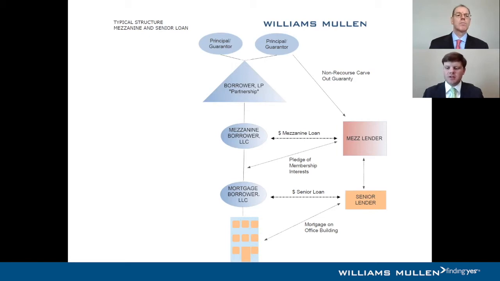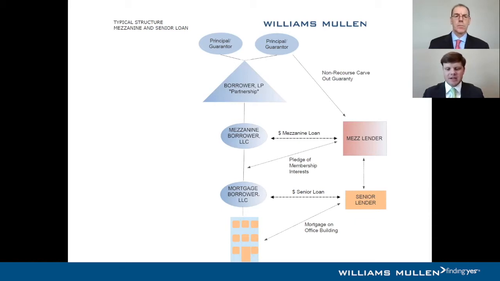However, with COVID, we have seen some senior lenders who are unwilling to loan more than 65% of the value of the underlying real estate. And then the principal amount of the mezzanine loan is usually between 10 and 15% of the property value. But that varies by institution.